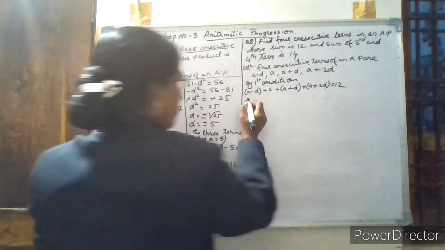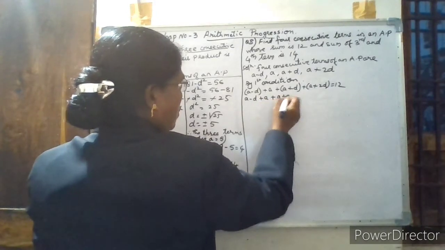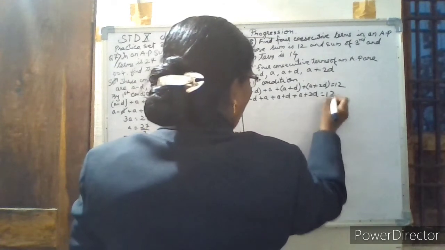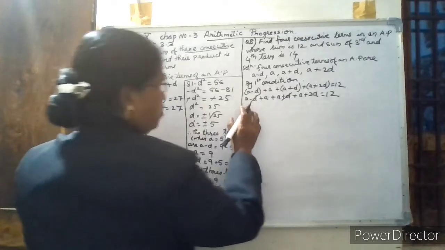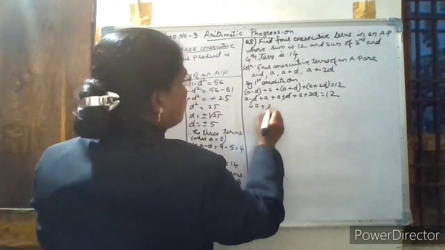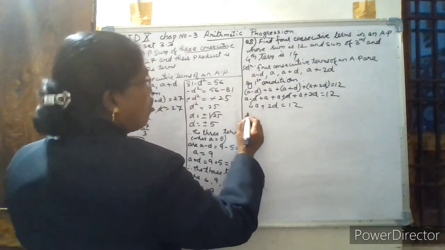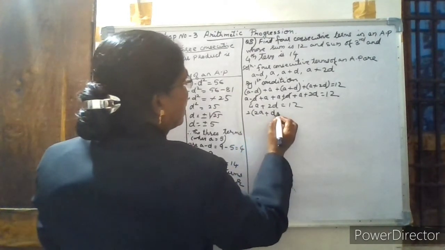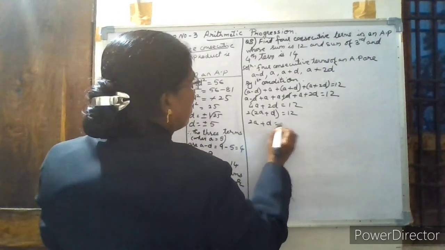Remove the brackets: a minus d plus a plus d plus a plus 2d equal to 12. So minus d plus d cancels. What is left? a: 1, 2, 3, 4. 4 times a plus 2d is equal to 12 is left. So remove the common factor 2: 2 times 4, 2a plus d is equal to 12. So 2a plus d is equal to 12 by 2.